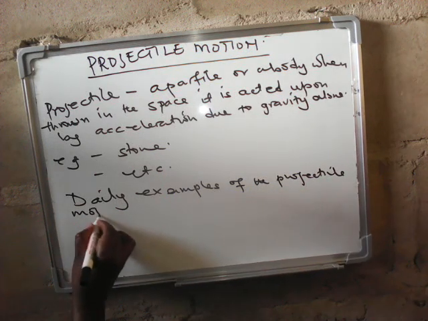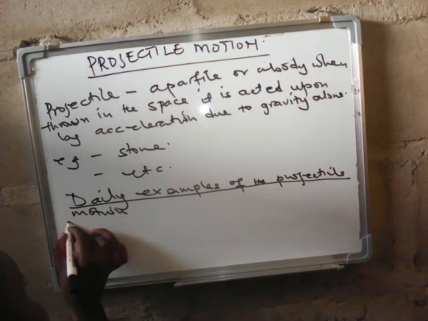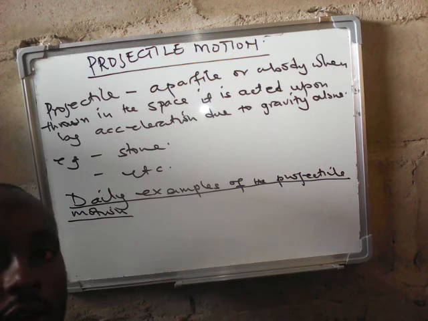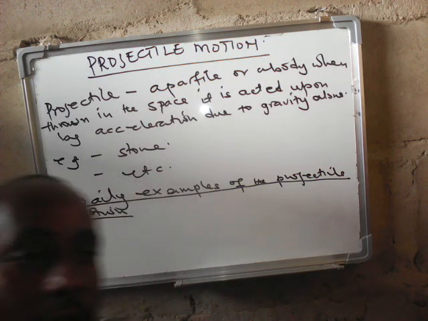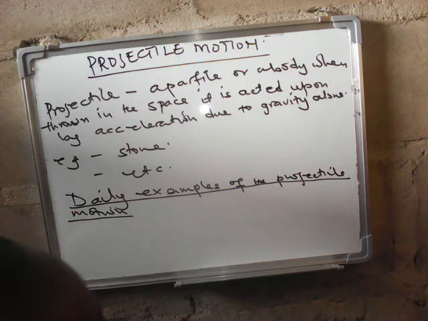If we say daily examples of the projectile motion, we mean where do we find this projectile motion? First of all, you should know that if I throw a stone in space, it does not move in a straight line. If I shoot something, a bullet does not move in a straight line. So those motions are what we call the projectile motion.